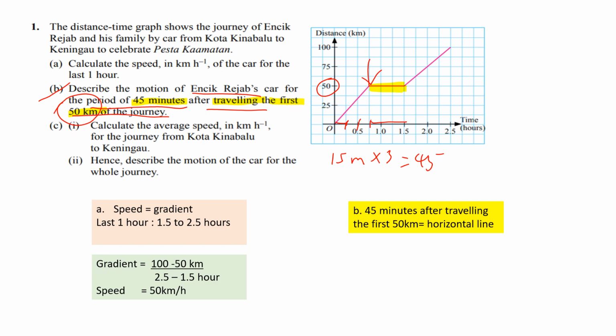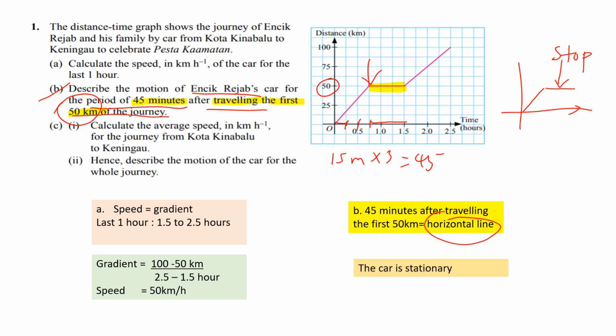So when you see the graph, remember last time, this one is moving, you have a speed, but when it is a horizontal line parallel to the x-axis, it means stop. Stop or stationary. So the answer is the car is stationary.